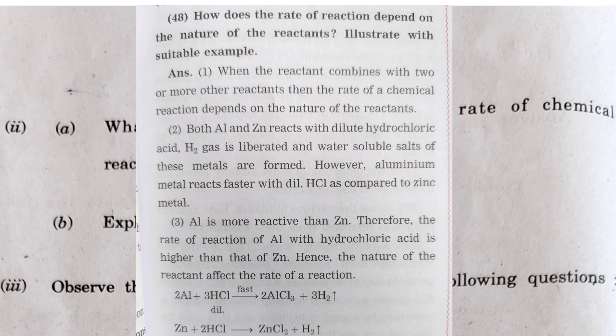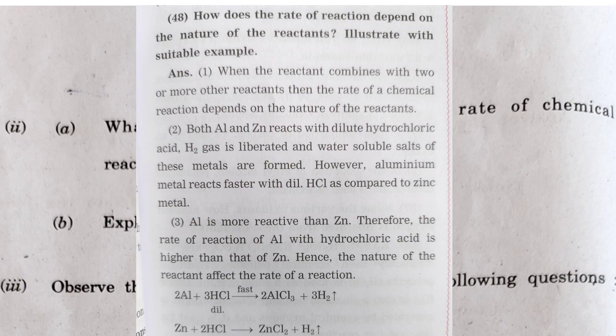Third, aluminum is more reactive than Zn. Therefore, the rate of reaction of aluminum with hydrochloric acid is higher than that of zinc.